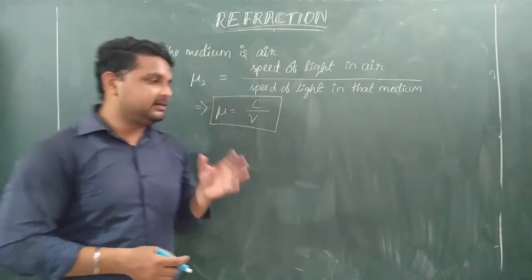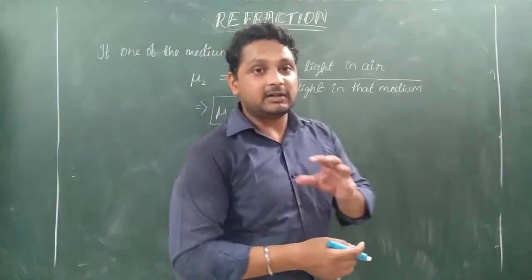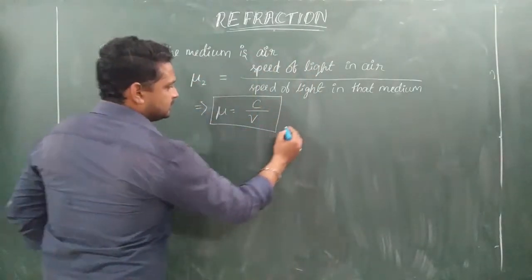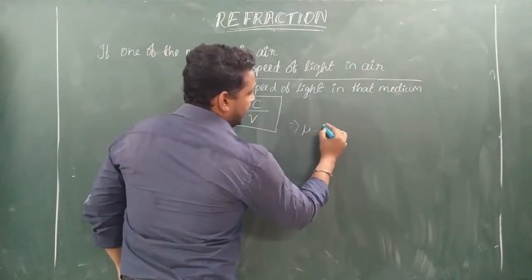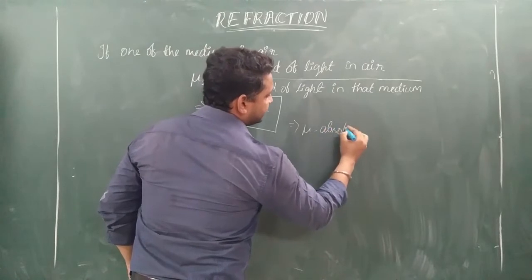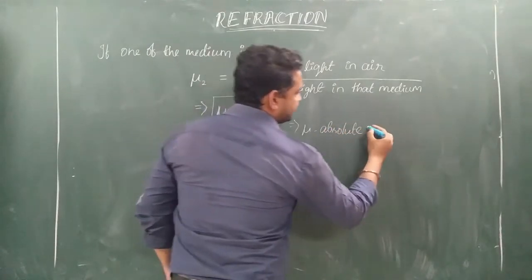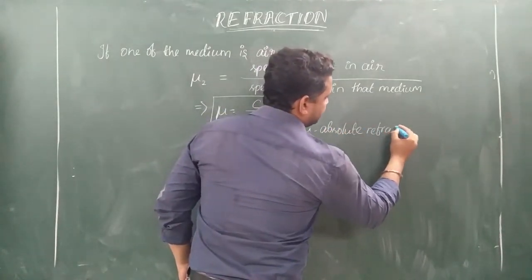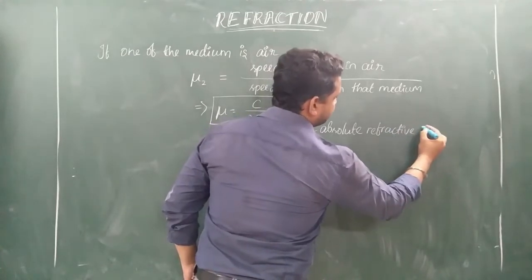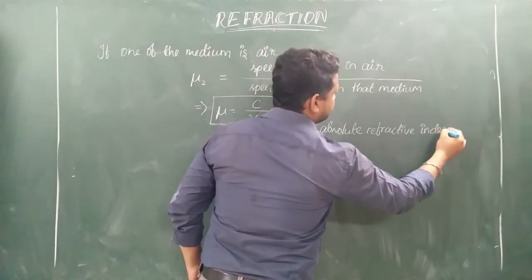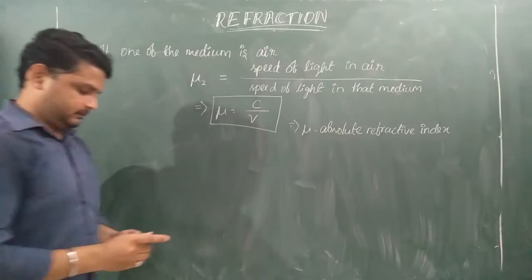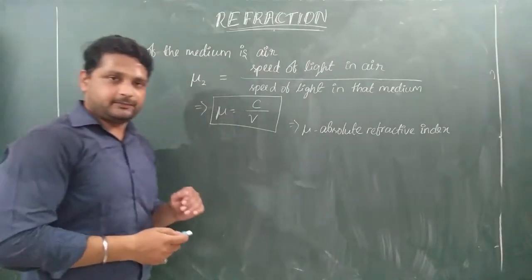Mathematically, refractive index is also called absolute refractive index. Understood?